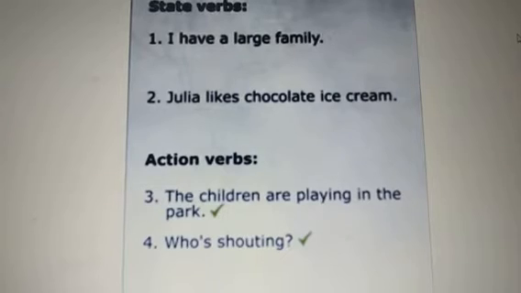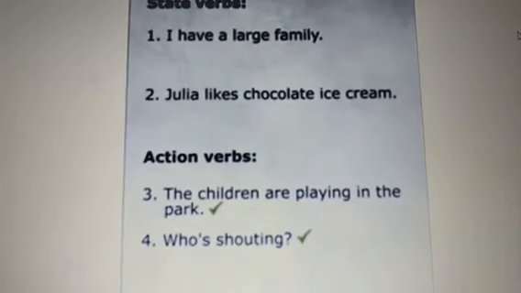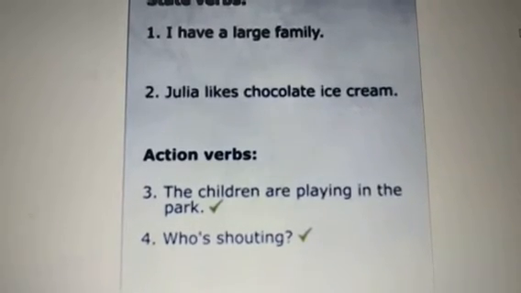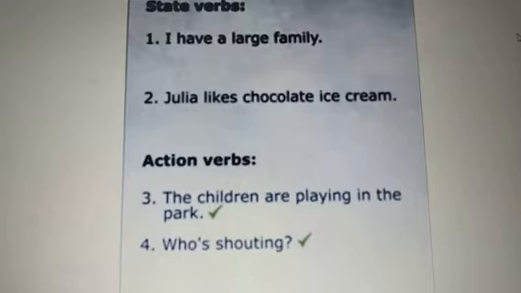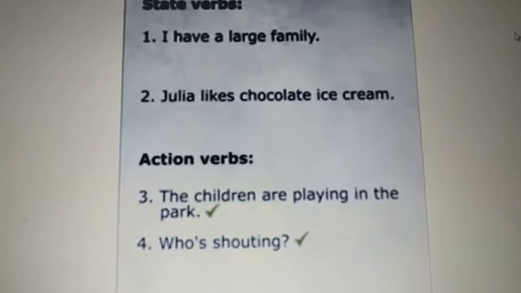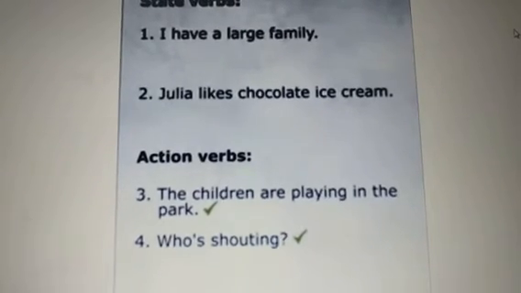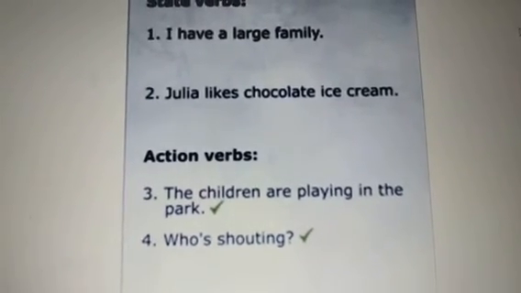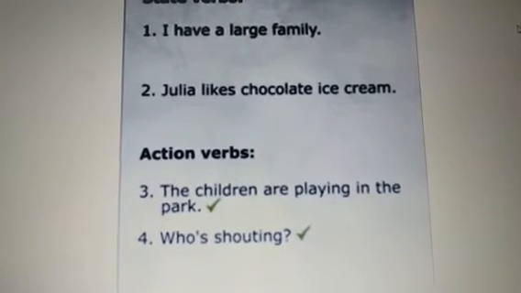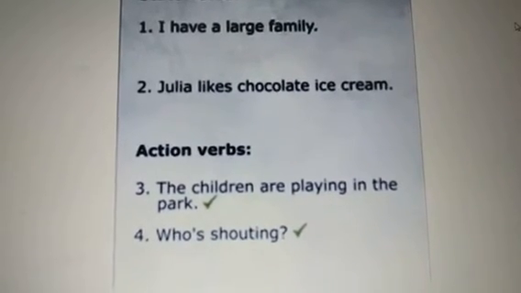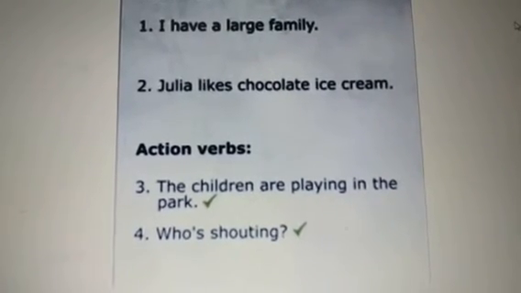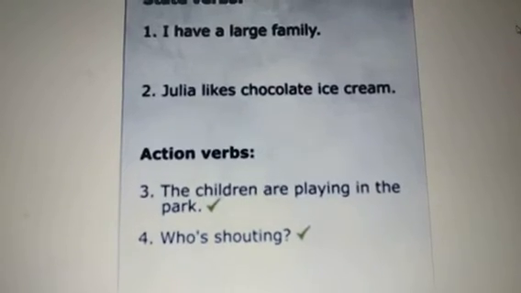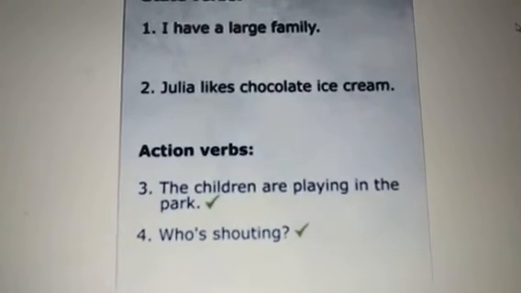So we can use the ing continuous form with them. But we cannot say I'm having a large family or Julia is liking chocolate ice cream. No, both of these sentences are wrong. These are common mistakes that students make. Some students use ing forms with state verbs. Please don't make that mistake, and remember, no continuous forms with state verbs.